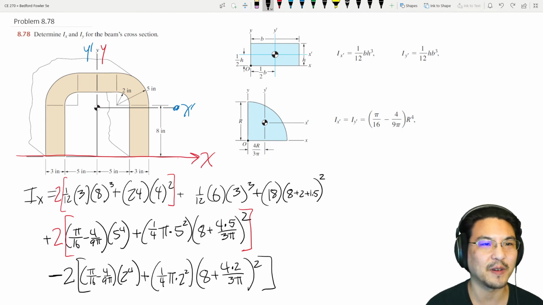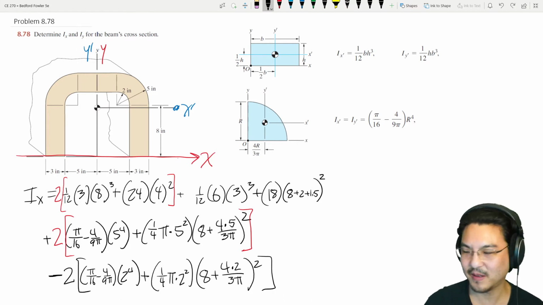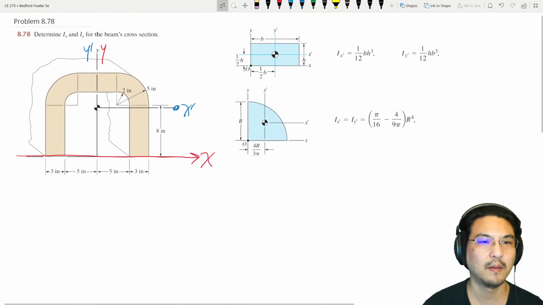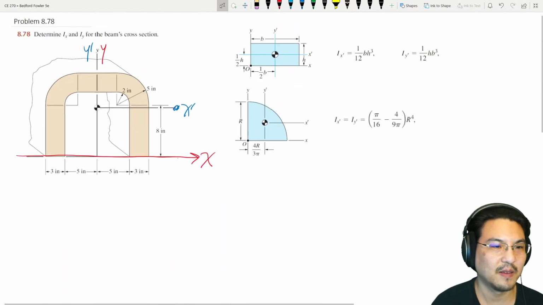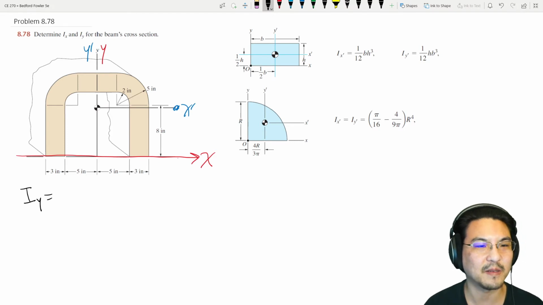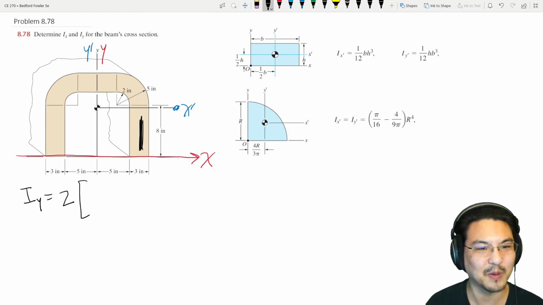Okay, so now let's solve for Iy about this axis. Let me make some space over here. All right, so let's start with this rectangle here. And already I know that there are 2 of them.